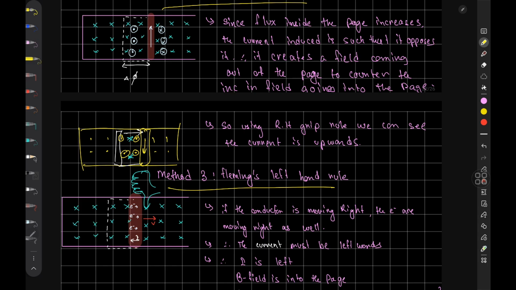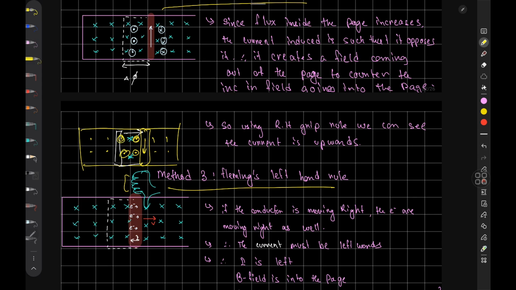I basically wrap the four fingers around the direction that I know the induced current's magnetic field will be. So I wrap my four fingers around the conductor in such a way that shows the direction that the induced magnetic field should be. Why?